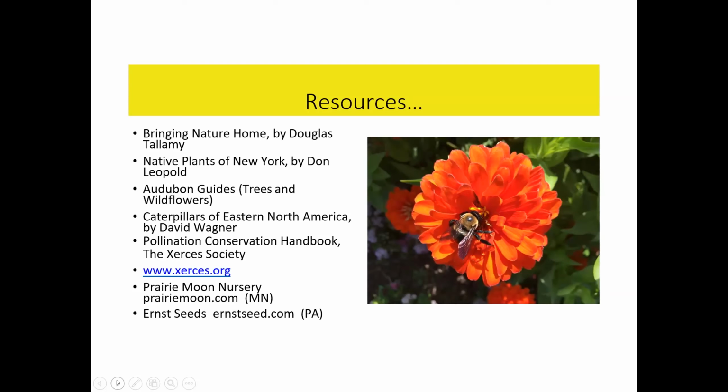And if you need a source for what we call straight species, non-hybridized species, Prairie Moon Nursery in Minnesota is a good place, and Ernst Seeds out of Pennsylvania is also a good place. I've bought from both of them and have had very good luck.